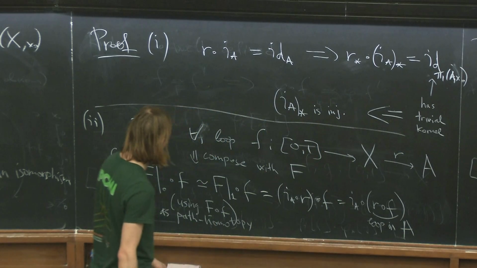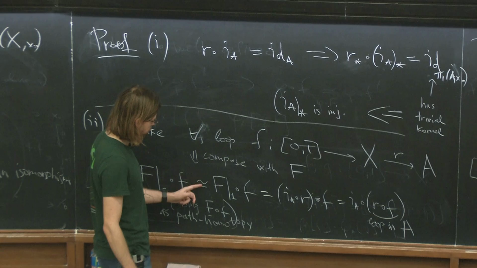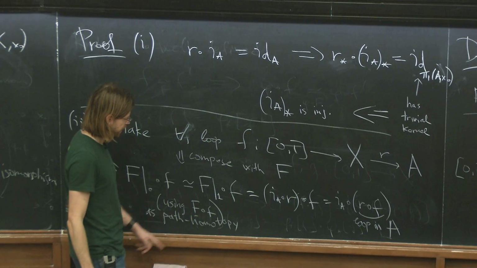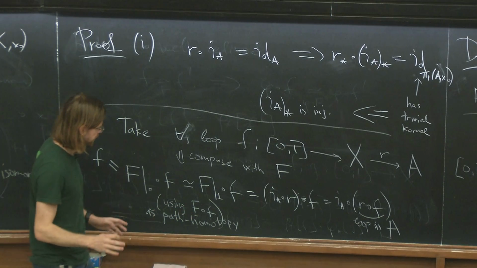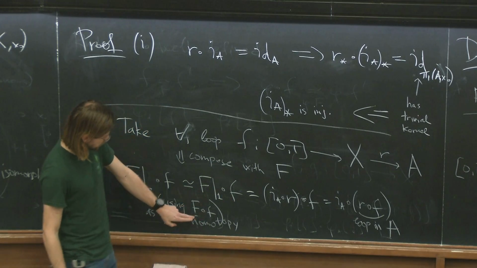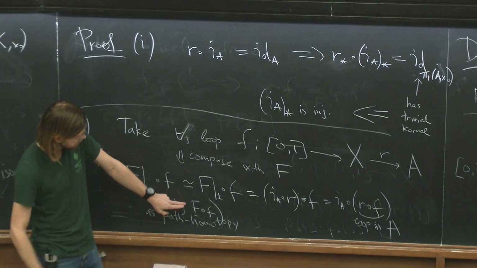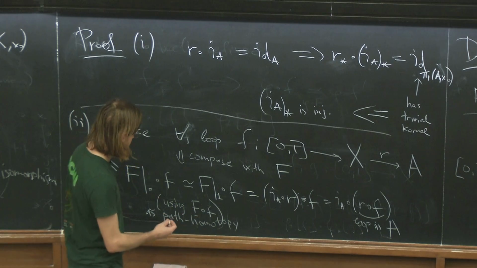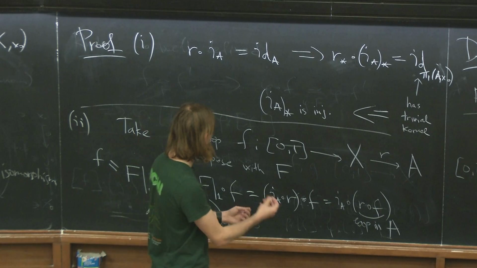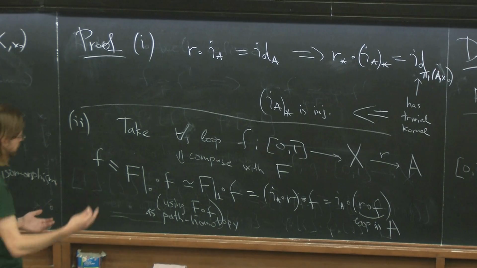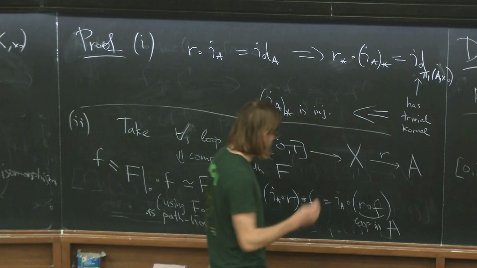It would still be true that this is a homotopy, but for simplicity, if you assume this is strong, the base point will be preserved, so this will actually be a path homotopy, not an arbitrary homotopy between maps.